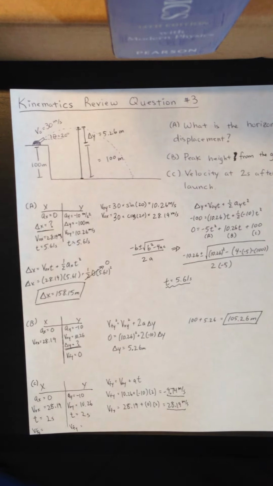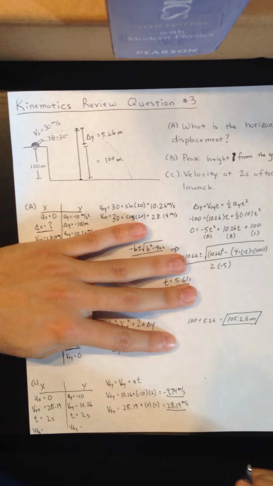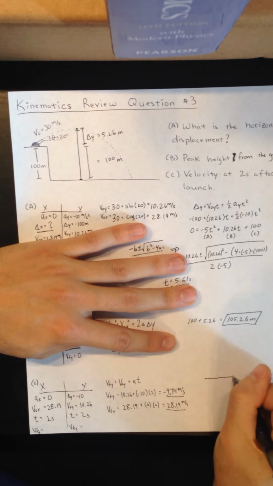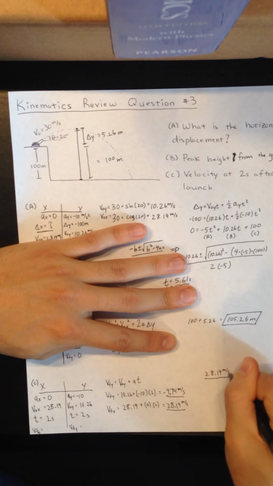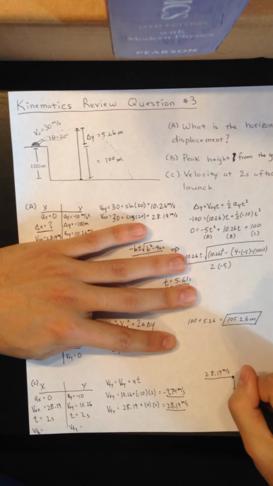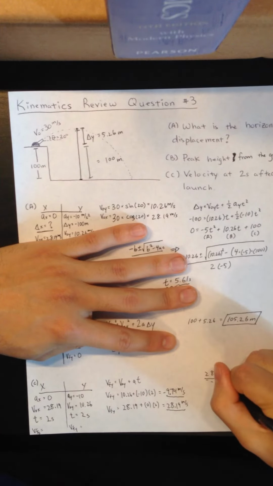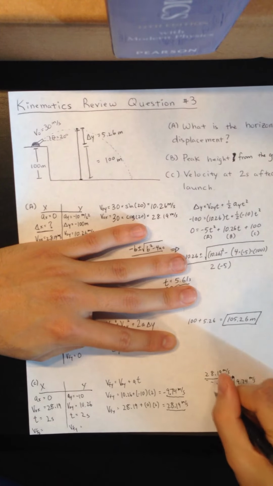At this point over here we're going to make a triangle. It's going in the x direction 28.19 meters per second, and in the y direction it's going down 9.74 meters per second. Combined, this is going to be our final velocity right here.